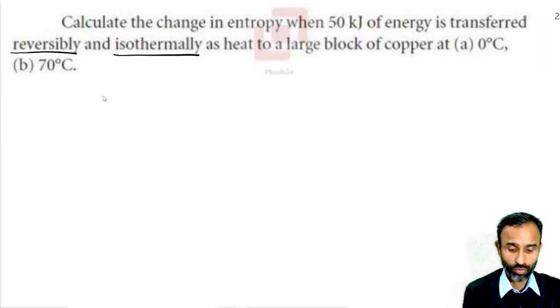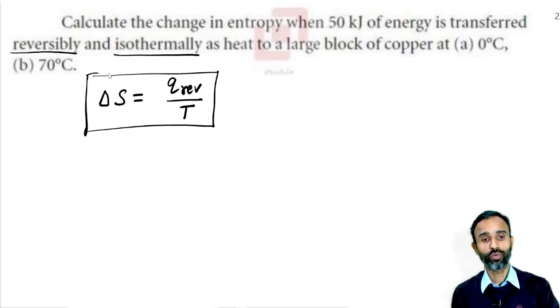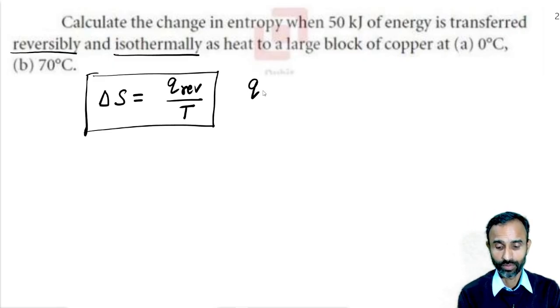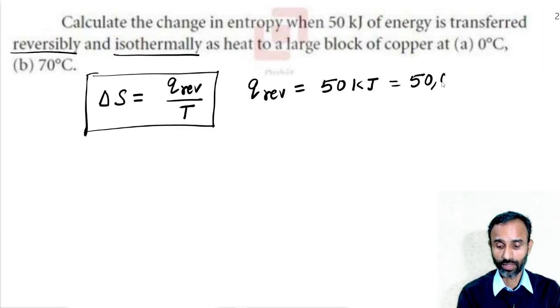So you know delta S is Q reversible by T. Now Q reversible is given to us. So Q reversible is 50 kilojoule, or we can write it as 50,000 joule.